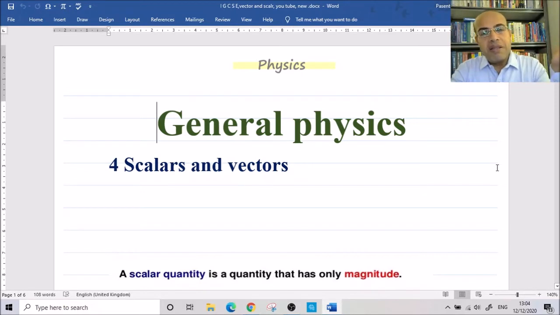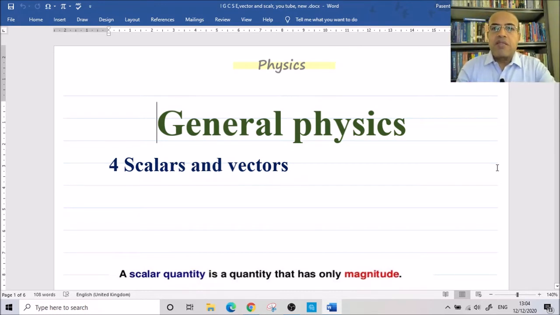But for other quantities, we need direction. Some other quantities in physics are identified completely by two things: magnitude, a number, of course with unit, and the direction. These quantities are like displacement.